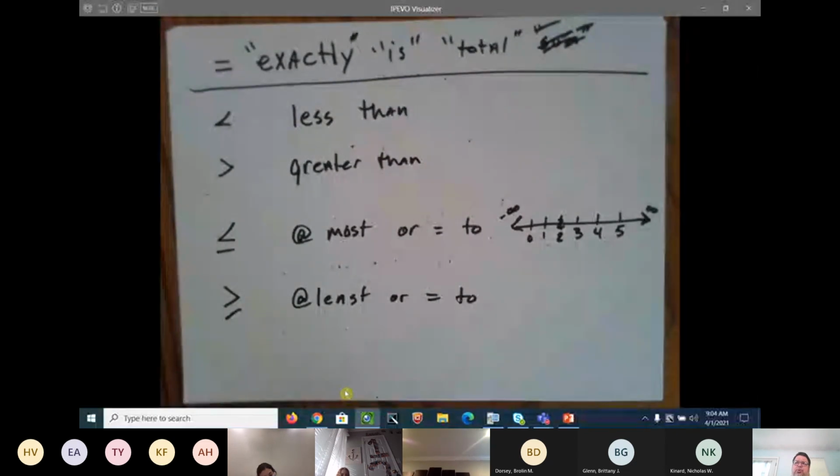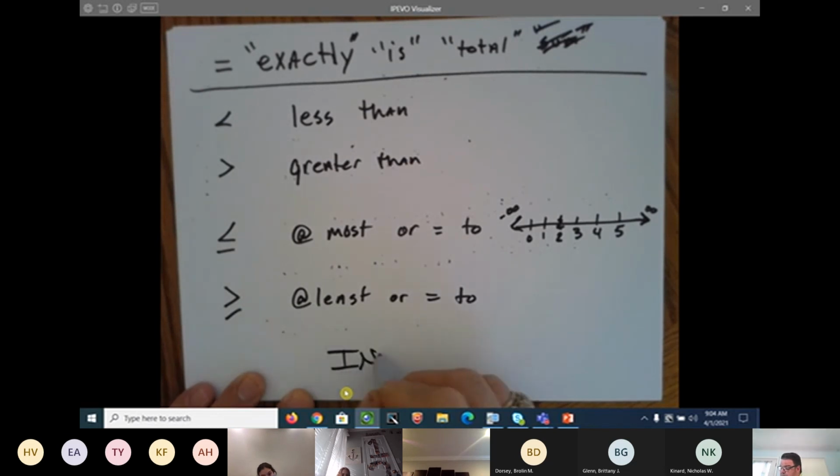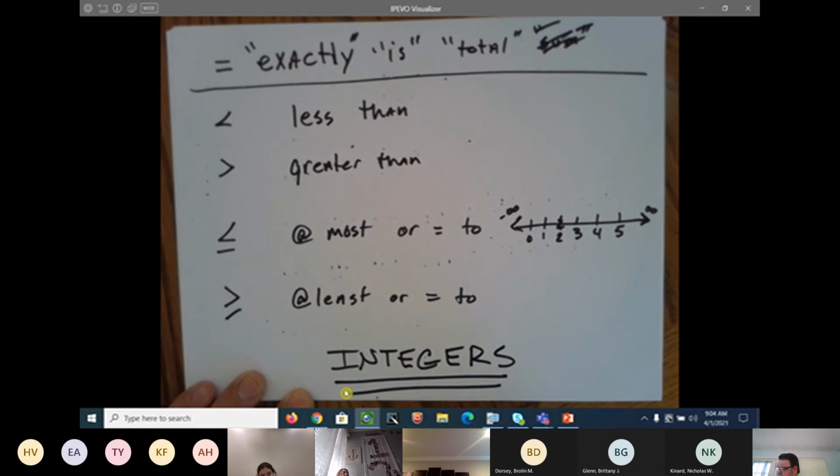You can only deal with what? Integers. So remind yourself that we're talking about integers. And integers means that you're only dealing with the whole numbers.